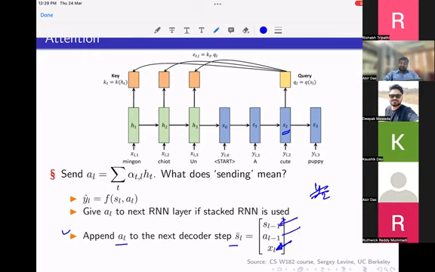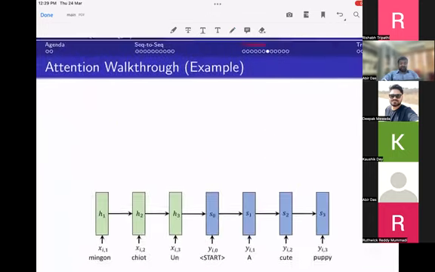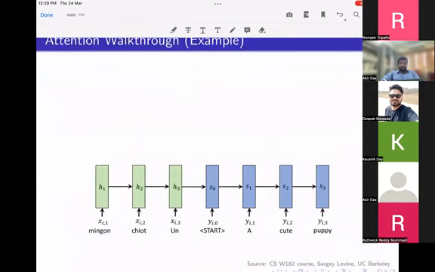In addition, you are now giving the attention coming from the previous time step. So that way we can use this, and this is what we mean by sending attention to the decoder.